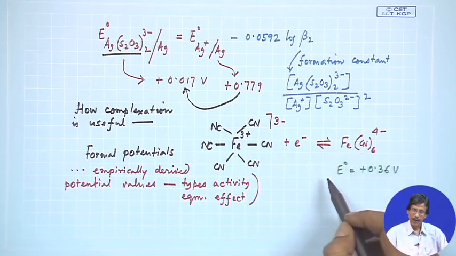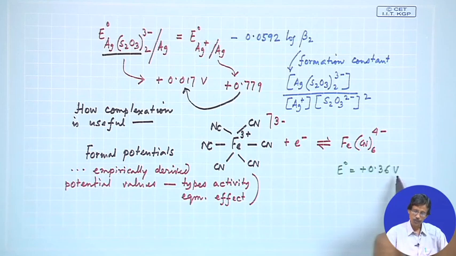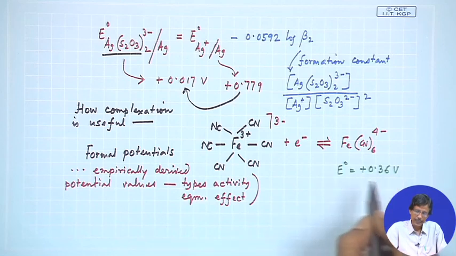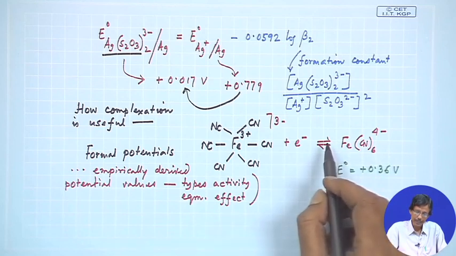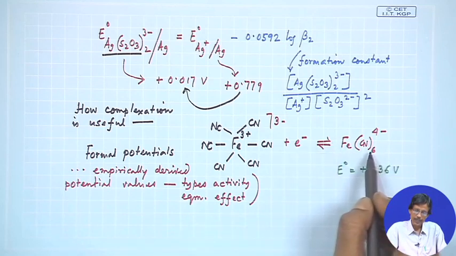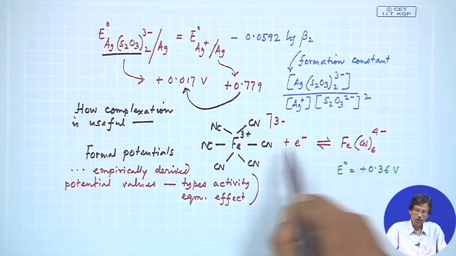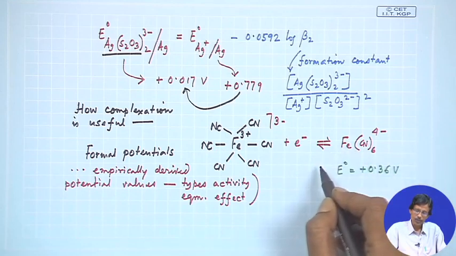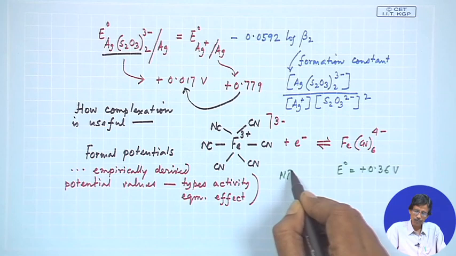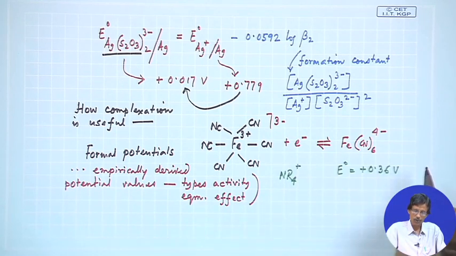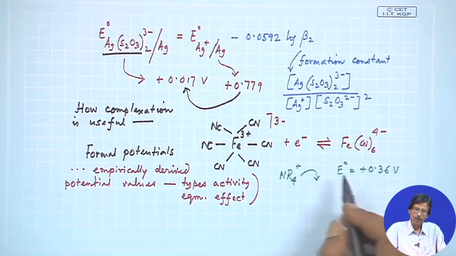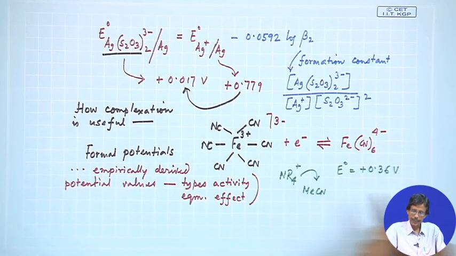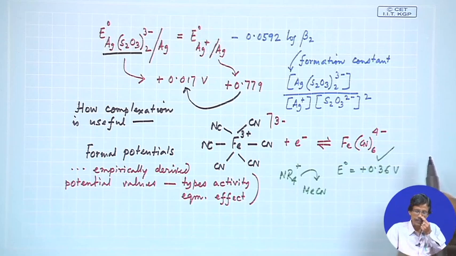This value of 0.36 volt is useful to know that this can change the value, and you can get this as a standard material, because we all know potassium ferrocyanide or sodium ferrocyanide, and that ferro and ferricyanides are known. But we can also consider these as the NR4 salts, tetraalkyl ammonium salts, which are soluble in non-aqueous solvents like MeCN, and this value is a very standard one.